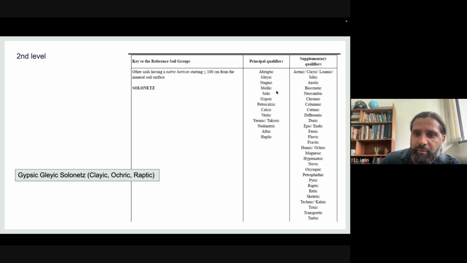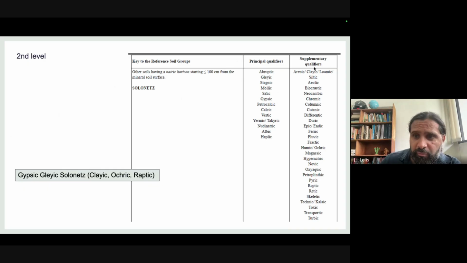Okay, so the further it goes to the bottom of the list, the more this qualifier should start the name of the soil, further from the RSG. Okay, great. So this is quite easy.